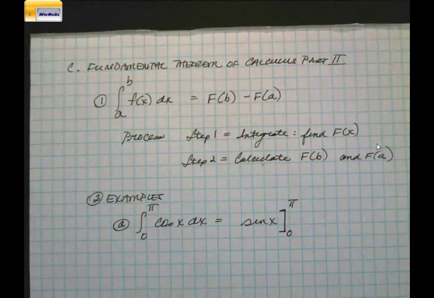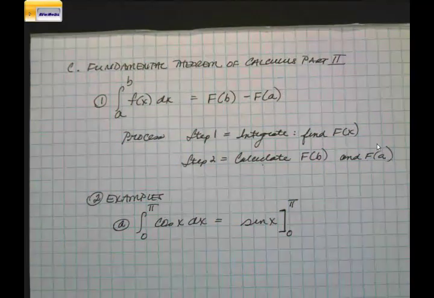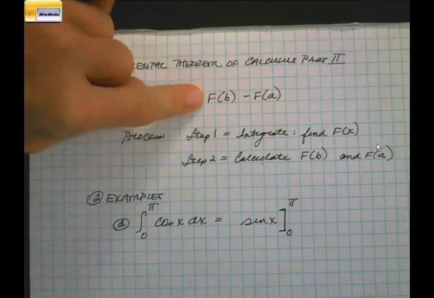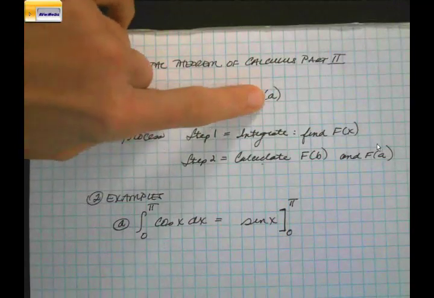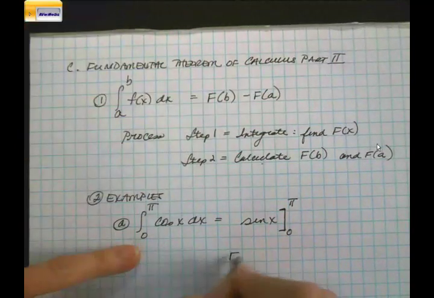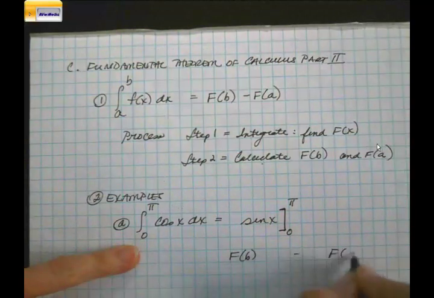When you integrated, your antiderivative was sine x, and now you're evaluating the antiderivative between the bounds of 0 and pi. So the way you do this is you take the antiderivative of the upper limit minus the antiderivative of the lower limit. So now you're looking for F of b minus F of a.